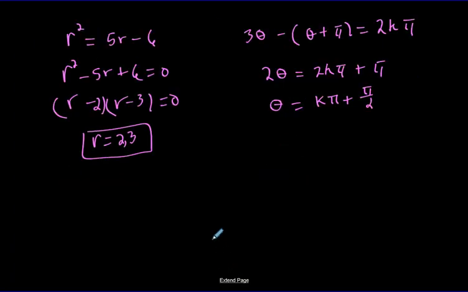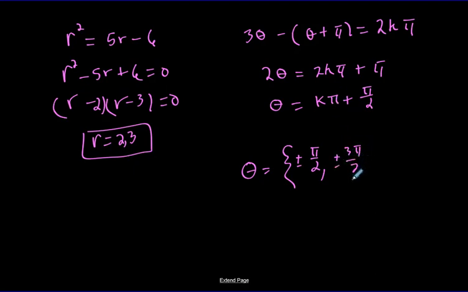After I divide, if I wanted to come up with possible answers, I could say k equals 0, and it would be pi over 2. Then k equals 1, and it's going to be 3 pi over 2.